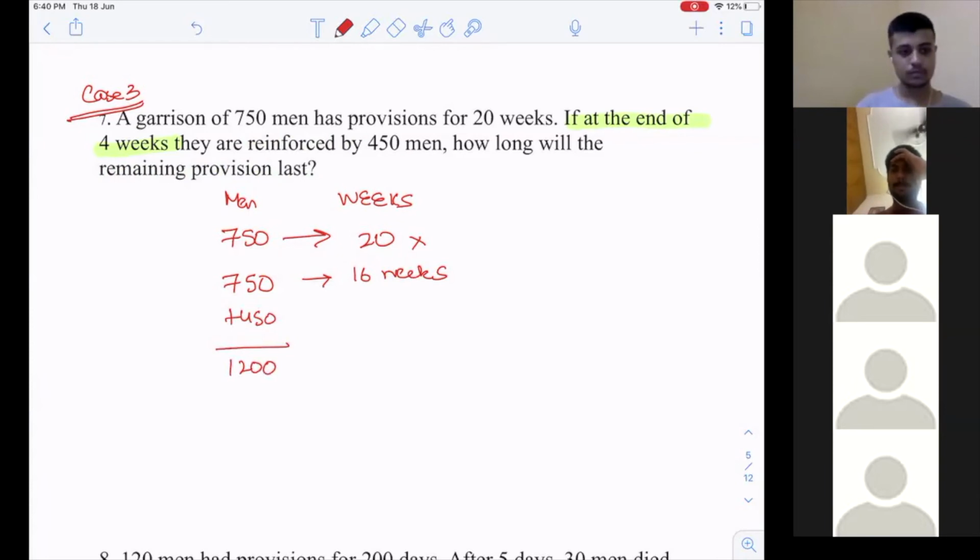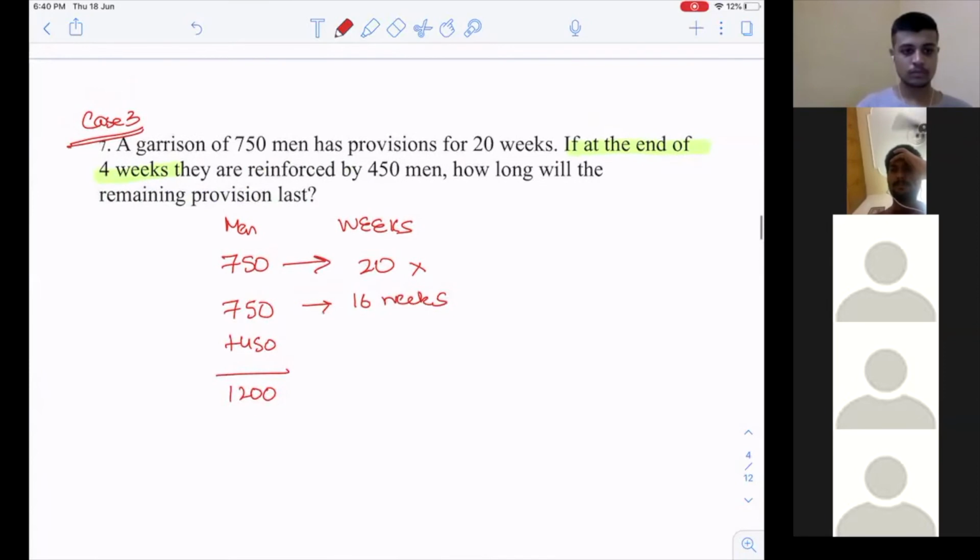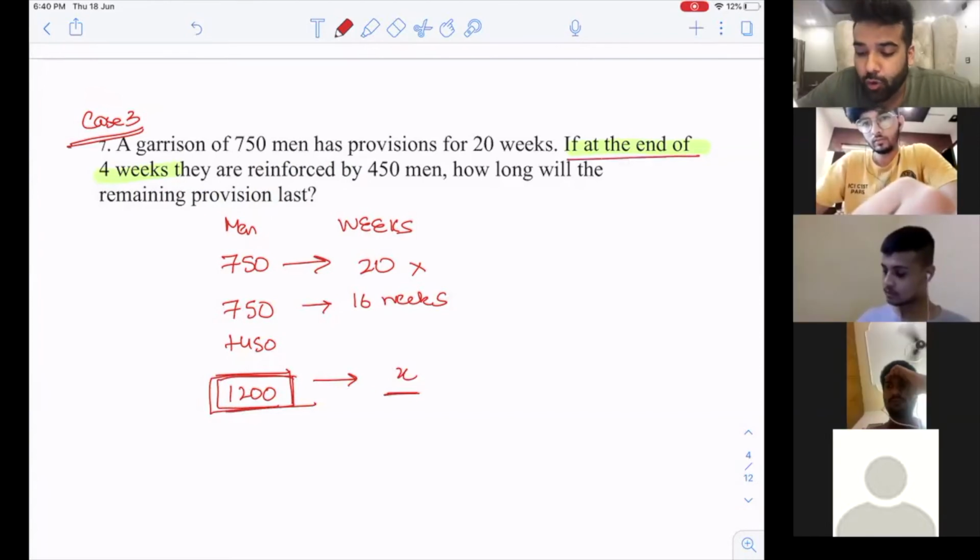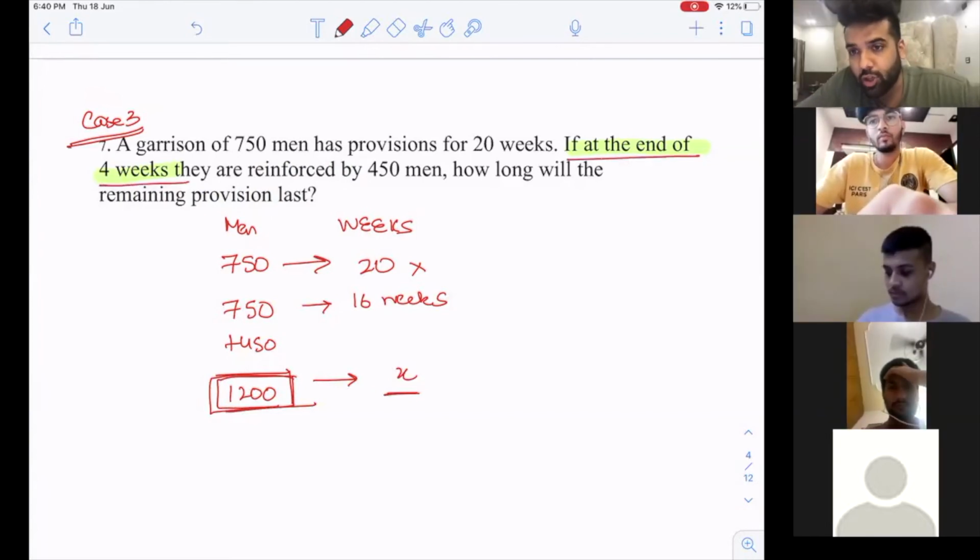1200. For 750 men, the food was for 16 weeks. For 1200 men, now the food will last for how many weeks? Is this clear or not? Is this statement clear? If at the end of 4 weeks they are reinforced. They have already eaten for 4 weeks. So find it out for me. What is not given?